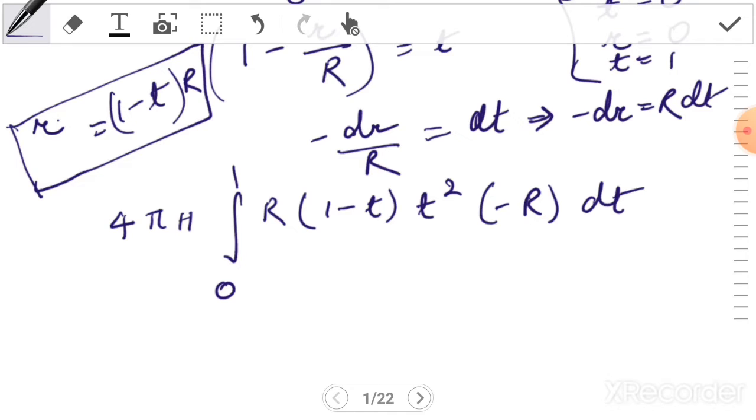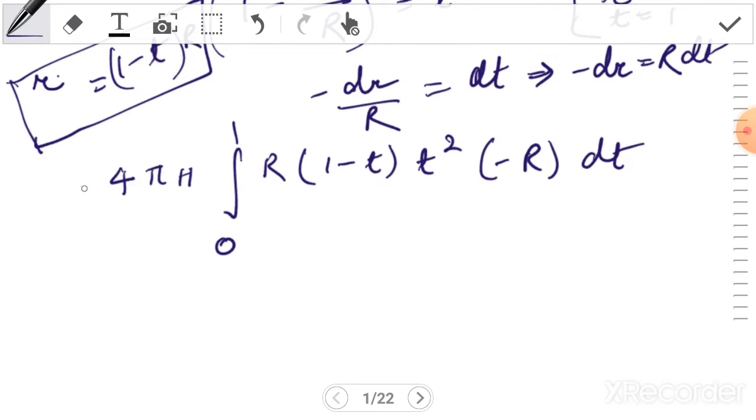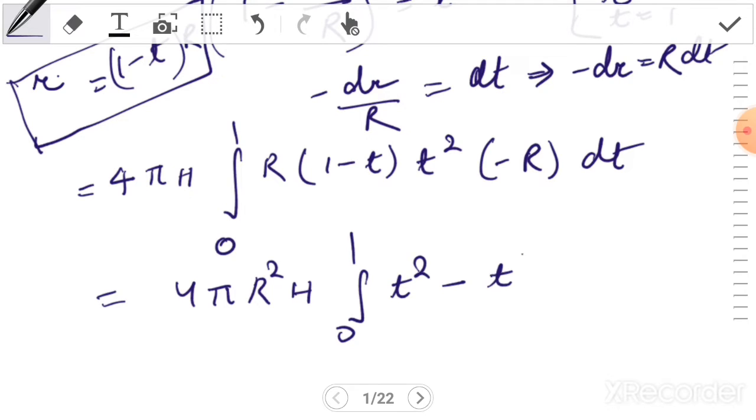Now capital R is a constant, so we have 4 pi r square h, 0 to 1, t square minus t cube, agree, okay, dt.